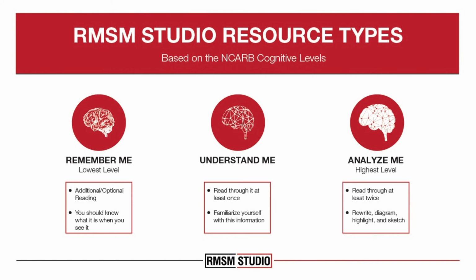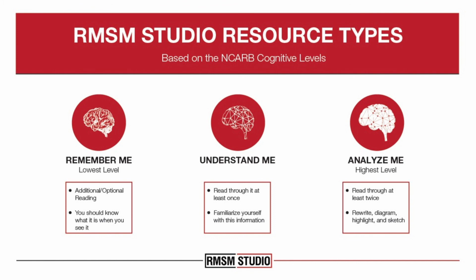And then you have Analyze Me, which is the highest level for my categories. That's a document I would recommend that you read through at least twice. Become very familiar with this document and reread the notes that you take on it. For this type of resource, I'd say you should rewrite it, diagram, highlight, sketch it, whatever it takes for you to really know this information. Maybe learn it in multiple types of media or format.